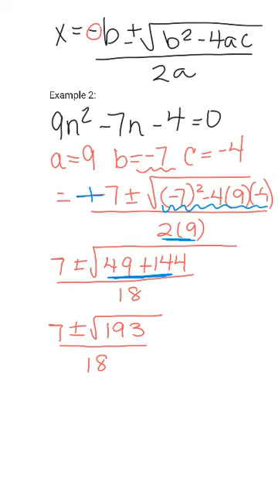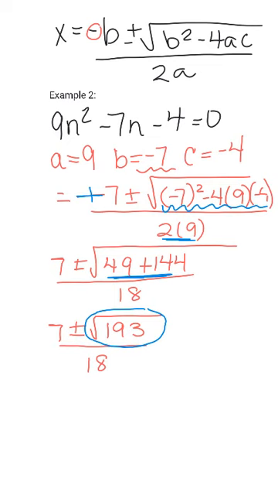Then you would go and check to see if, since we want an exact answer, instead of putting this in the calculator, I would check and see if the square root of 193 reduces. Alright, so the square root of 193 does not reduce. Nothing comes out of 193.